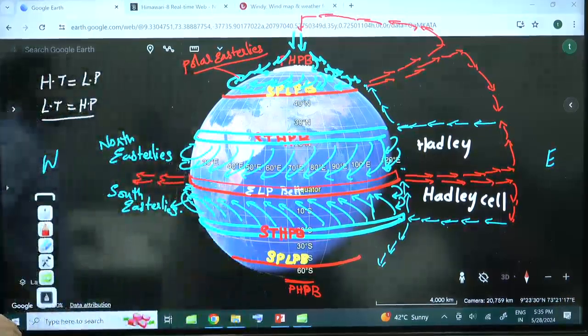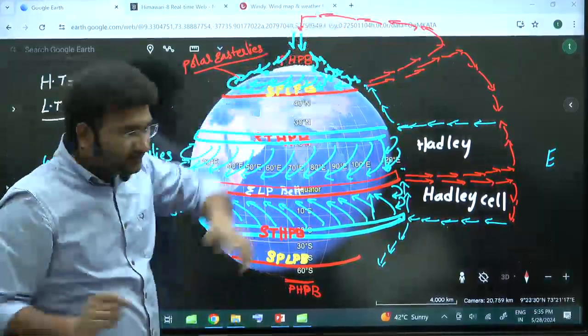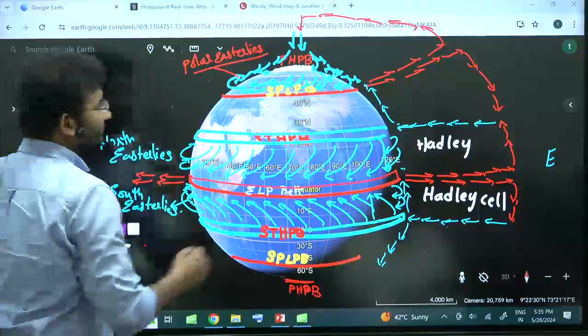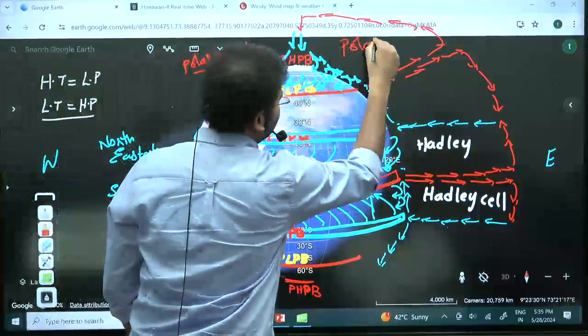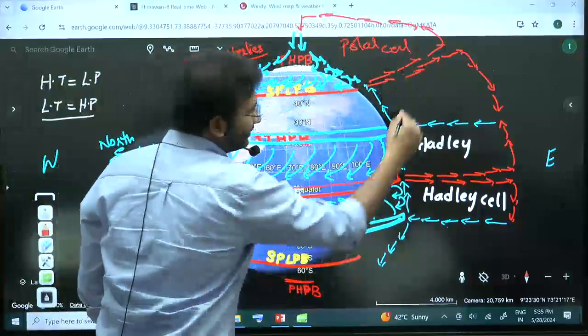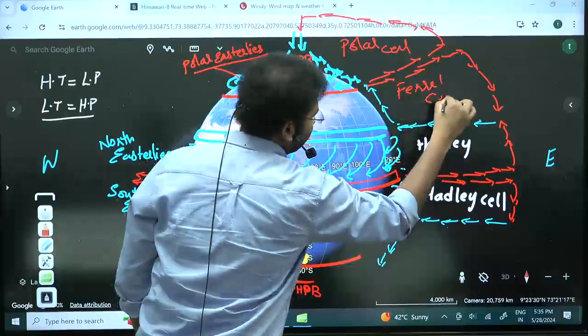So this cell is called the polar cell, right? And this cell, it is the Ferrel cell.